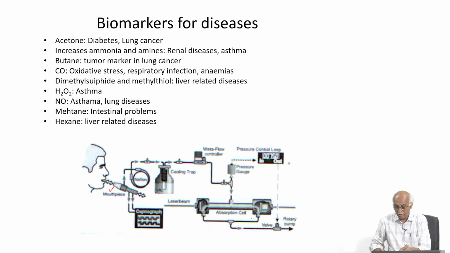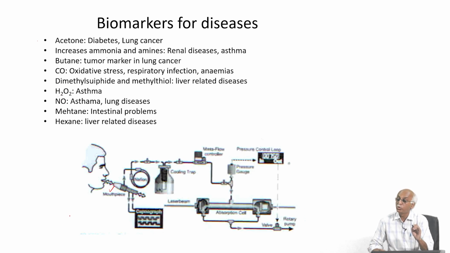Then the absorption cell output, in terms of transmission characteristics and cavity ring down measurements, is captured. With such an approach we can measure acetone, ammonia, butane, carbon monoxide, H2O2, dimethyl sulfide, NOx or nitric oxide, methane, hexane, etc.